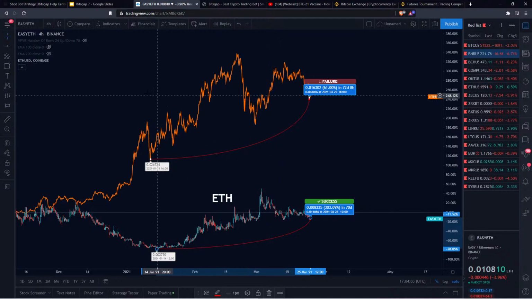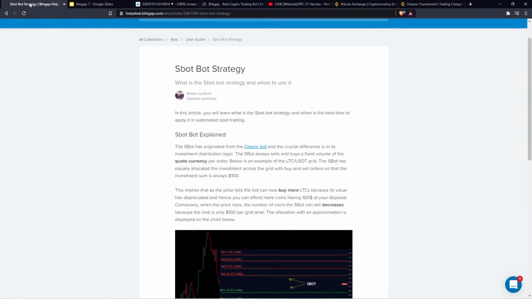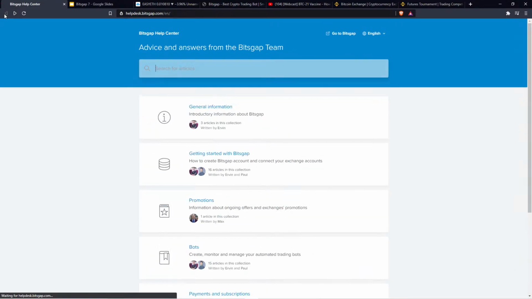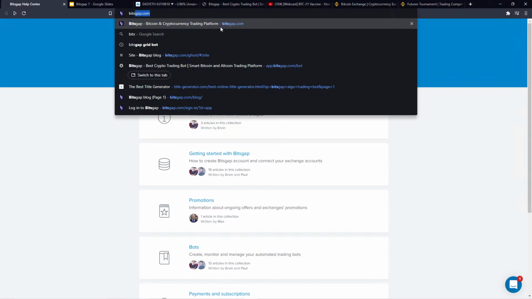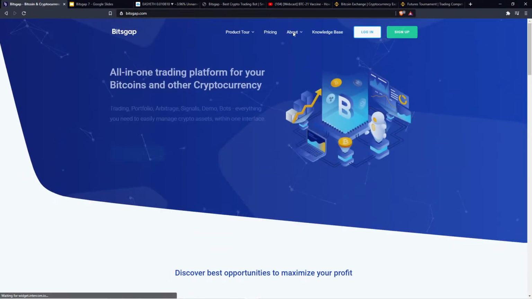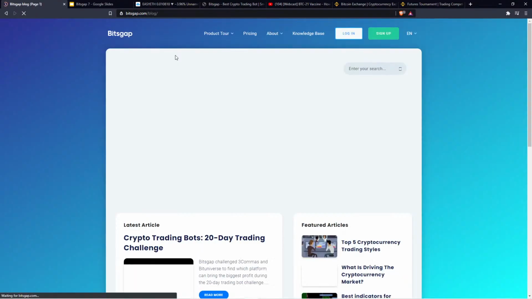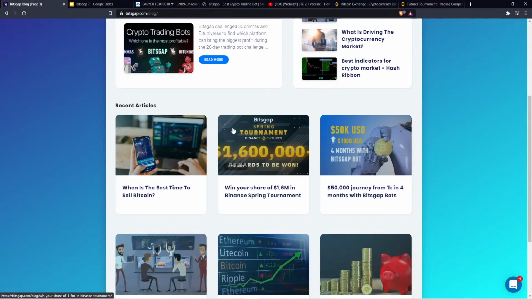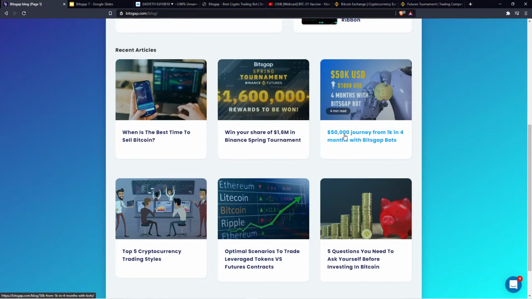And that was actually the case for one of our users, and you can find this article at Bitsgap, where I explain how he managed to make this, just following this high yield strategy. So yeah, a 50k journey from 1k in 4 months.